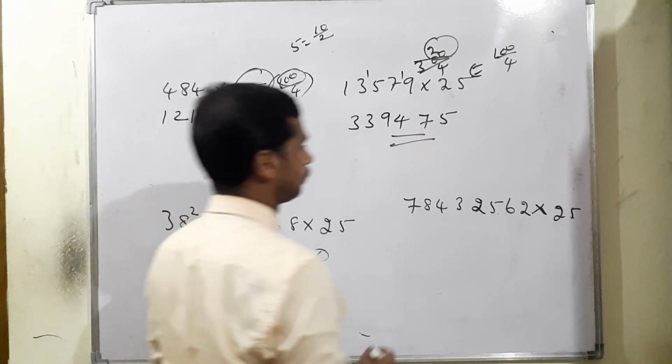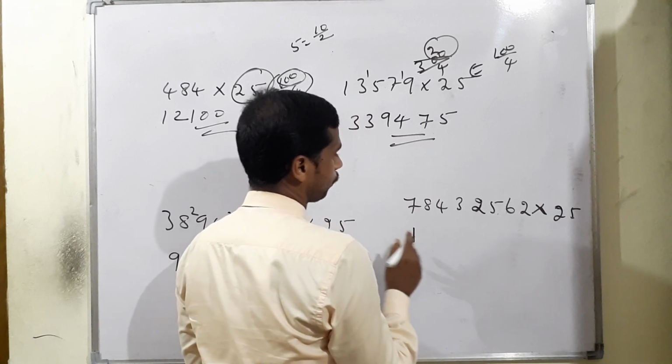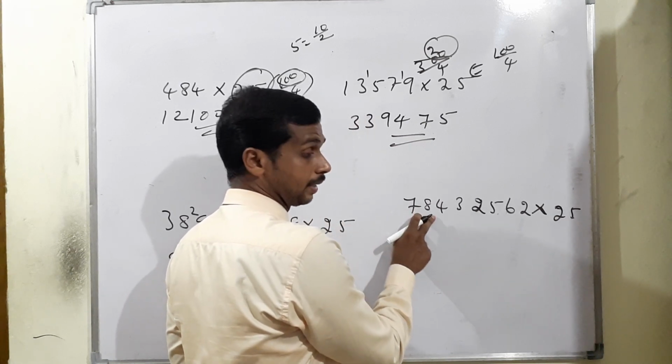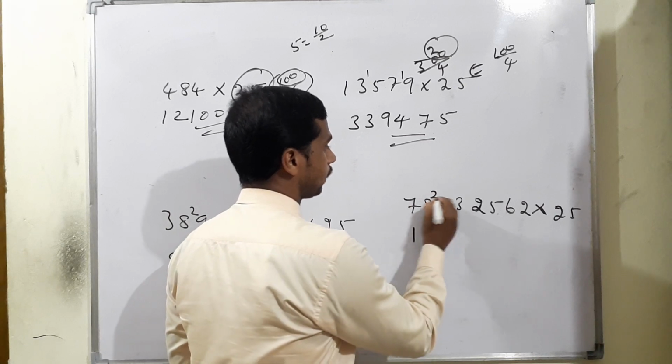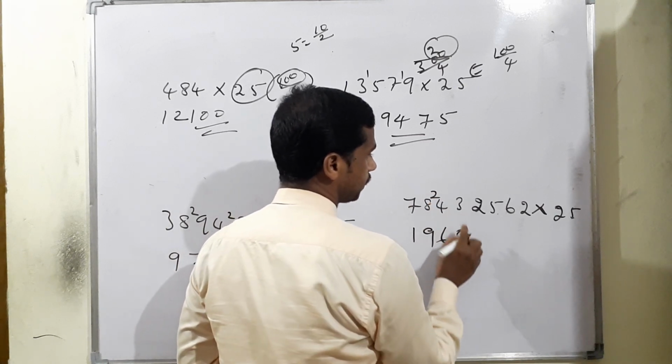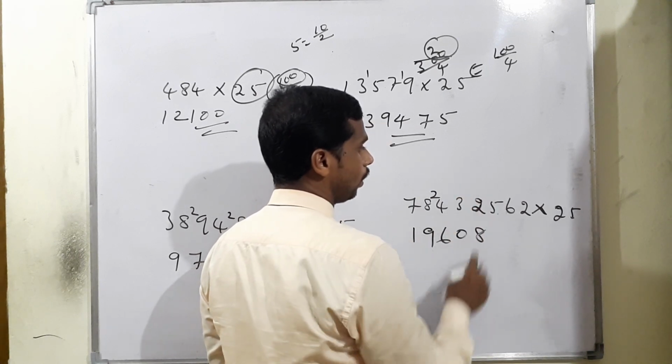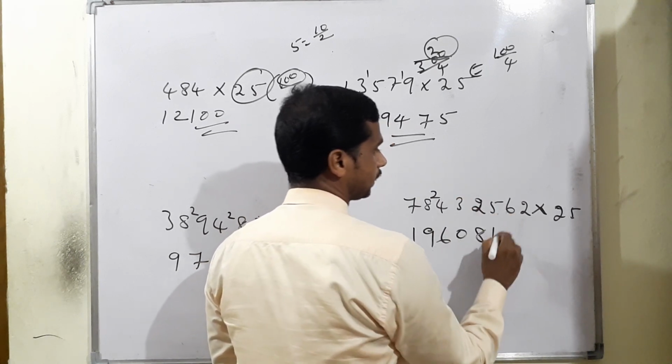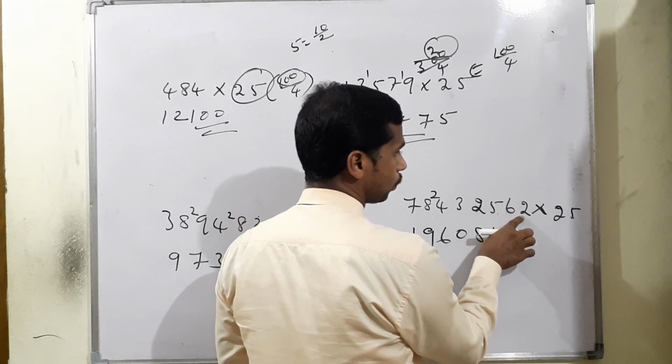The last one. 7 is there. 1 4 is 4, balance 3, 38. 9 4s are 36, now 2. So 6 4s are 24. Now 3 is there, not possible, 0. 32, 8 4s are 32. Next one 5, 1, 16 means 4 4s are 16. Last one 2 is there.